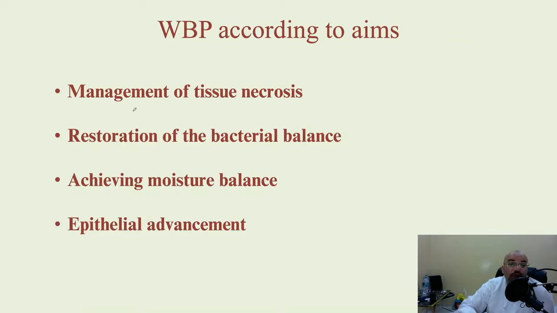And this all leads to additional necrosis. Based on this, when bad tissue is already in the wound, the priority of the experts or healthcare providers is managing the tissue necrosis. So in wound bed preparation, we are aiming at T, tissue management, I, bacterial balance.